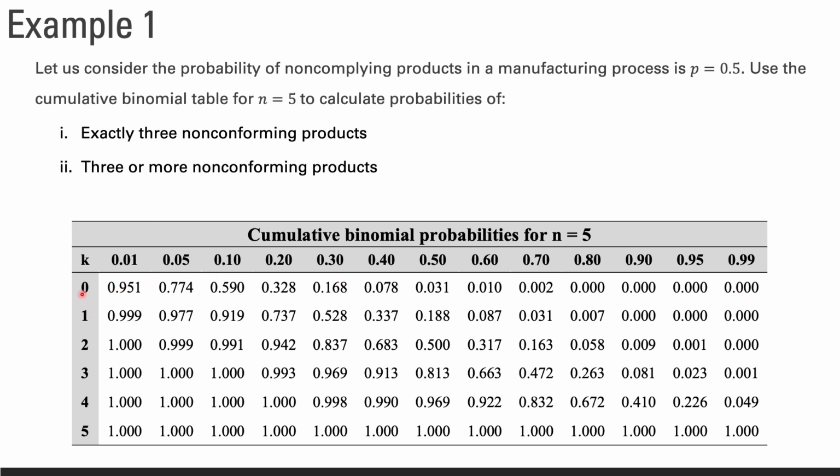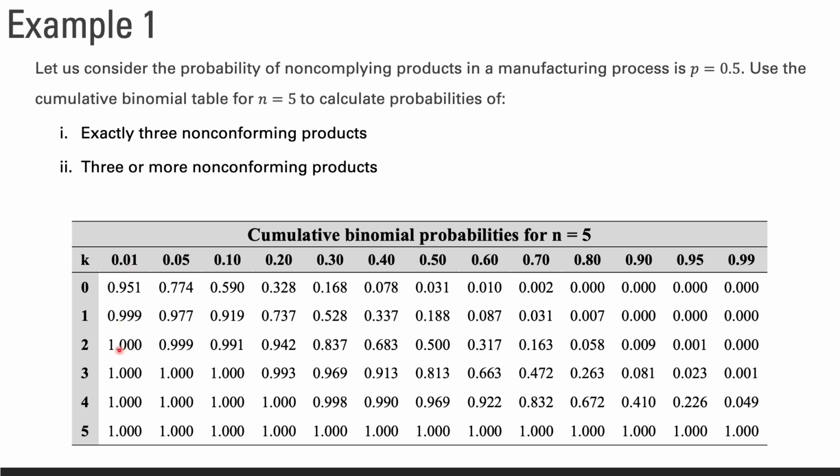For example, for 0 and p = 0.1, this is the probability of finding 0 non-conforming products, and this is the probability of finding 1 non-conforming product, and this is the probability of finding 2 non-conforming products.